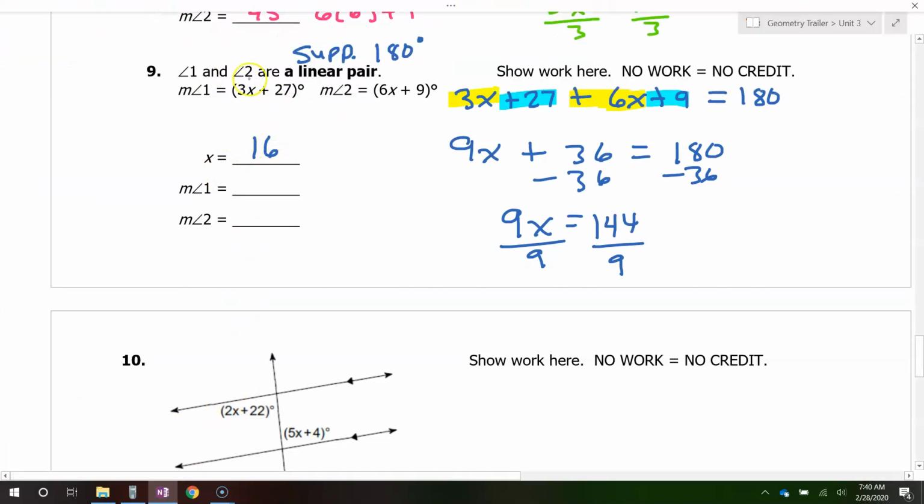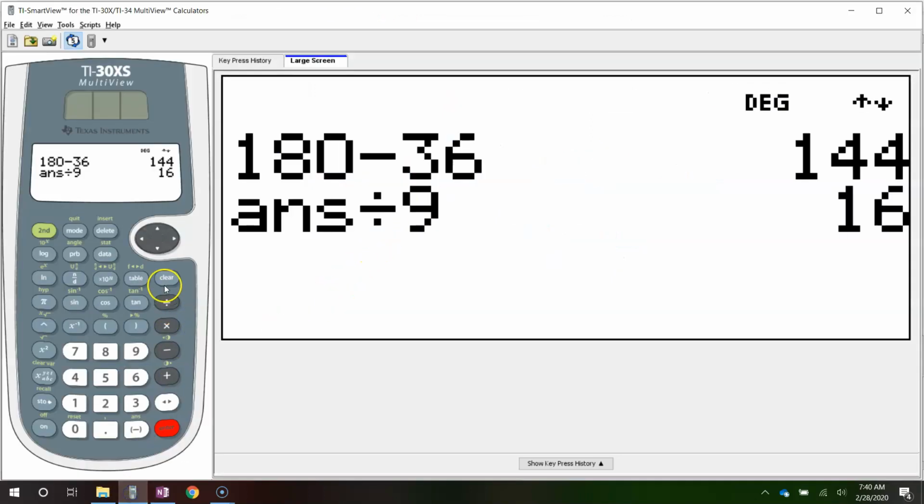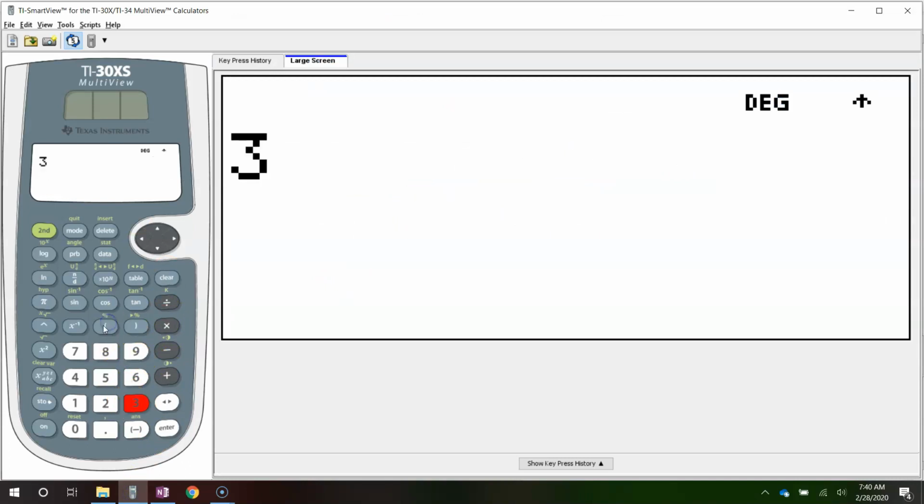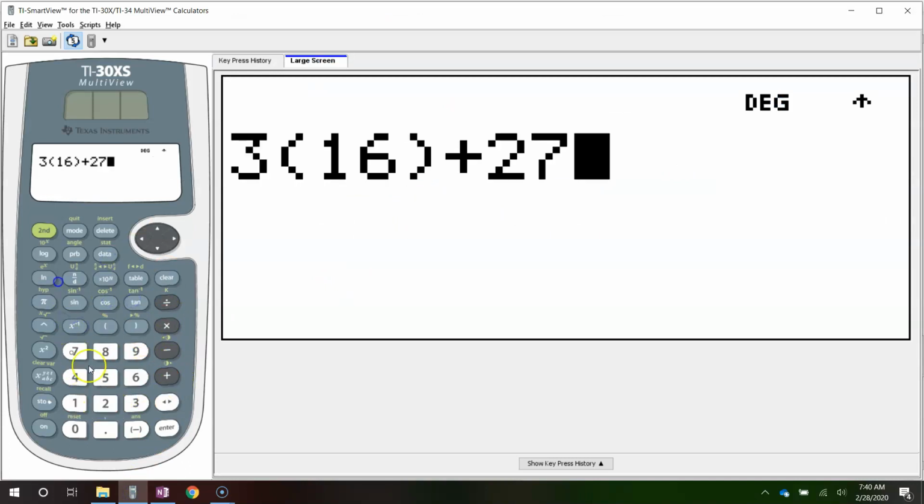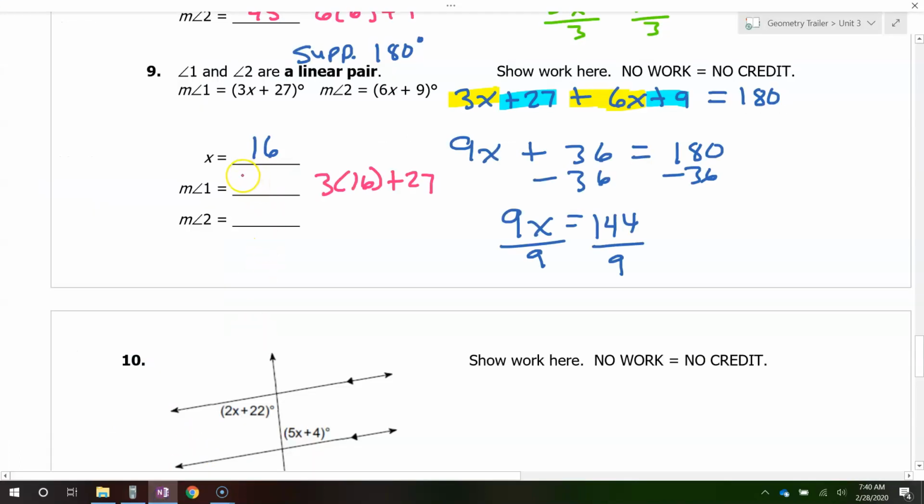Now, angle 1 is 3x plus 27. So that'll be 3 times 16 plus 27. So that is 75.